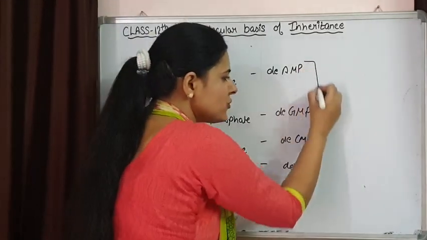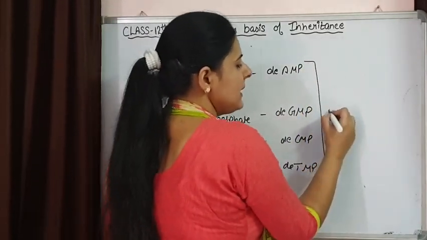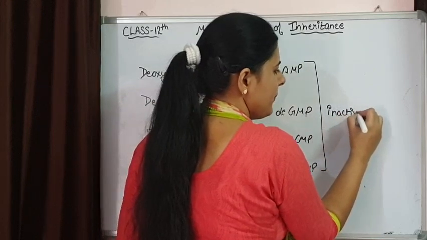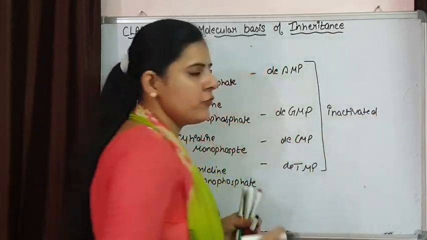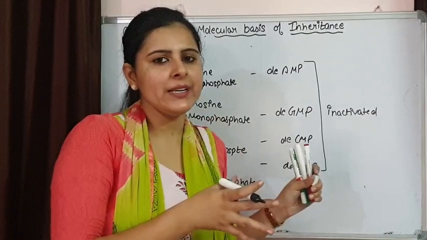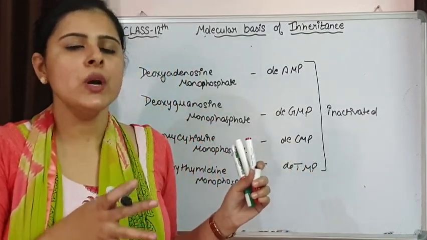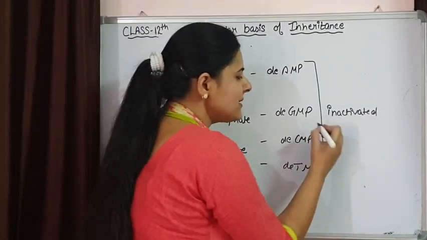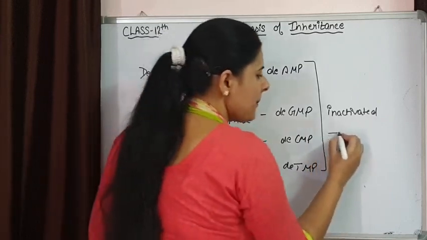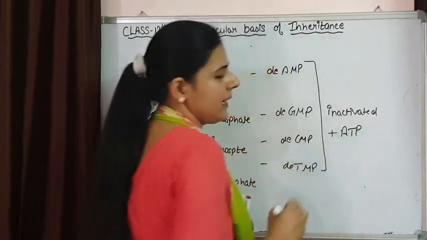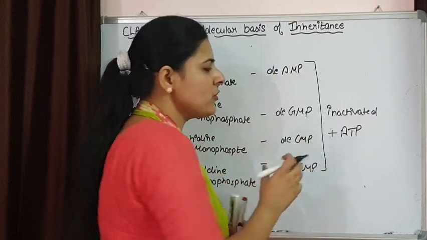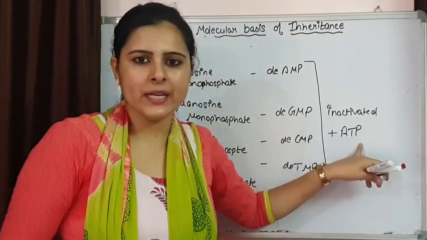Now these nitrogenous bases are present in an inactivated form, and for incorporation in DNA, they must be converted into the active form. And how are these converted into the active form? By combining with ATP. These monophosphates are going to combine with ATP.